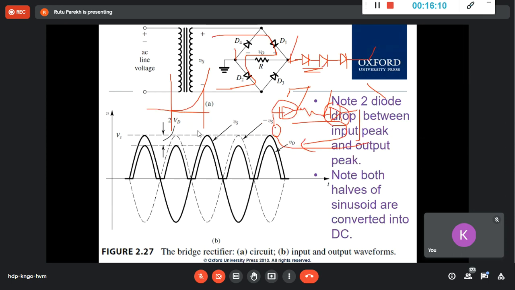Even if this becomes 100 volt, when it is conducting the voltage drop across the two terminals of the diode is 0.7 only. If this is 10 volt and this is 0.7 and this is 0.7, then it is 10 minus 1.4 here. If this is 5, then across R it will be 5 minus 1.4. Shall I go? Yes, ma'am. This will remain the same only, that you should keep very firm in your mind.